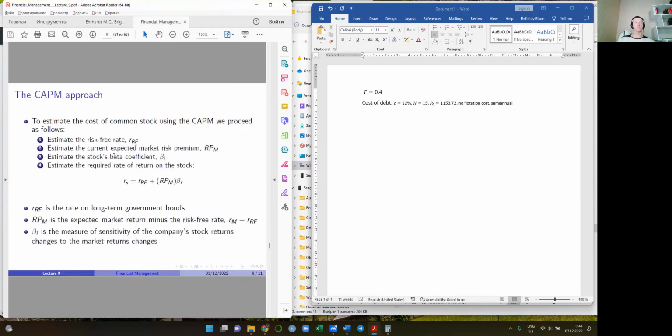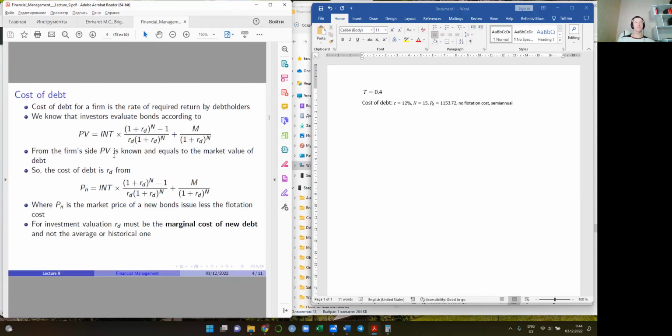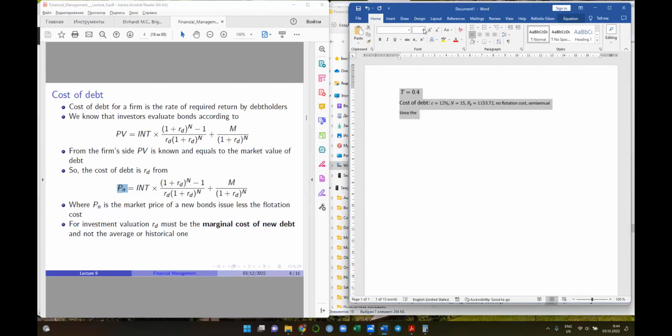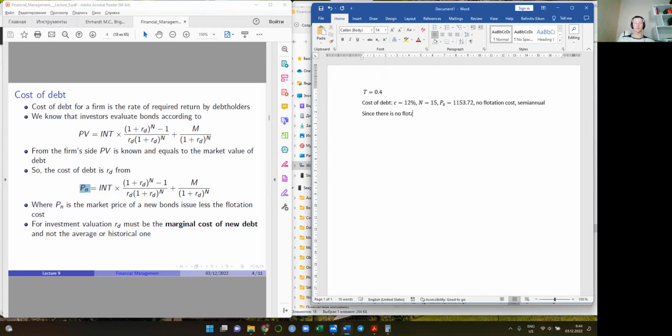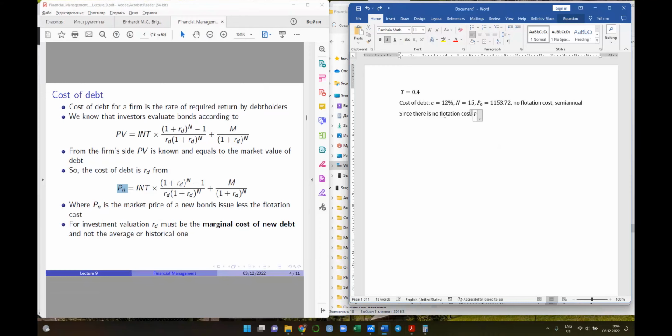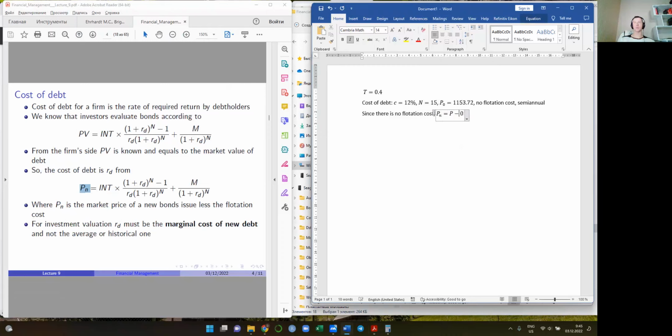Let's go to the lecture slides and let's see how we do this. So first of all, since there is no flotation cost, Pn is going to be equal to P0, which is 1153.72.